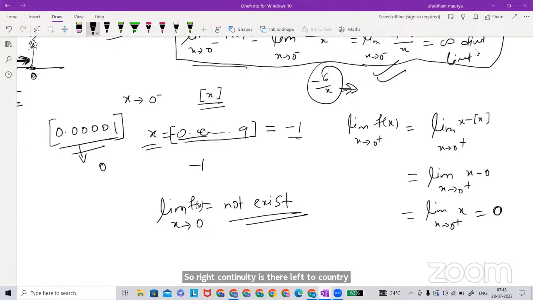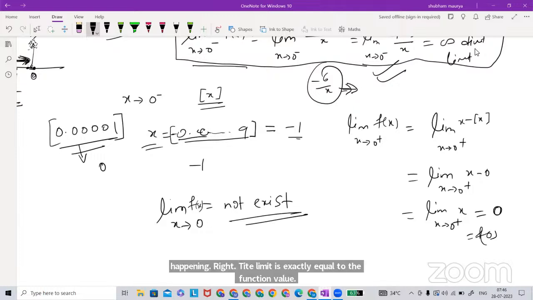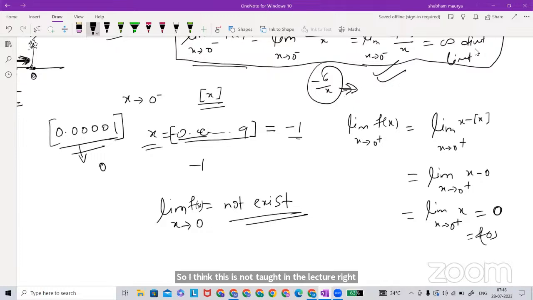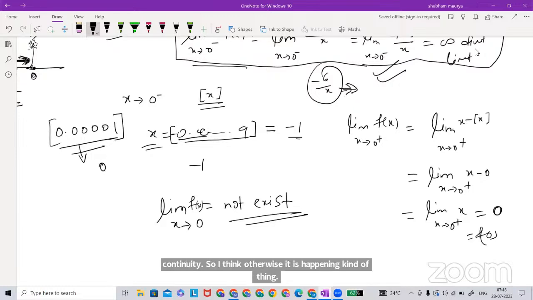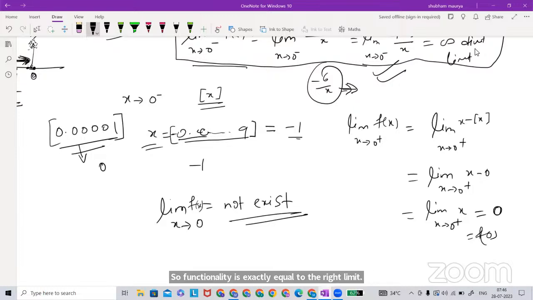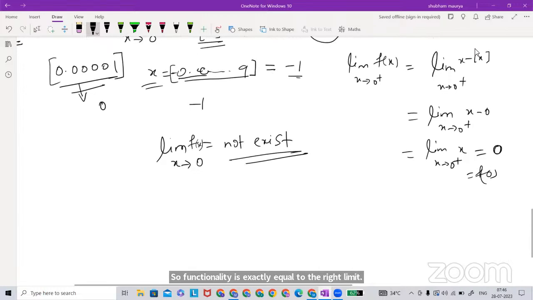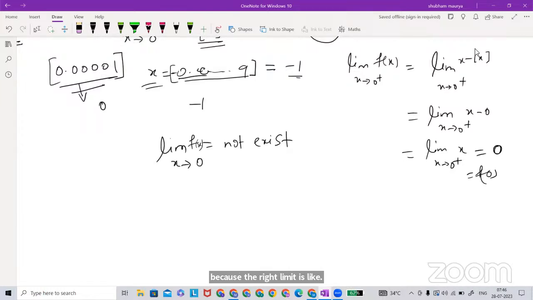I think sir has not taught right continuity in the lecture, but simply say the limit does not exist, and the function value at 0 is 0.